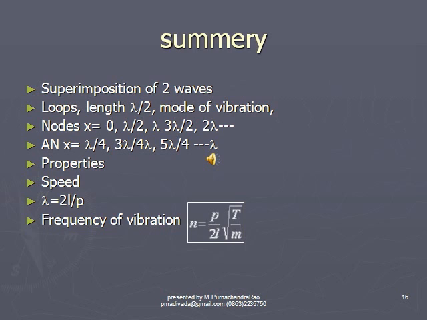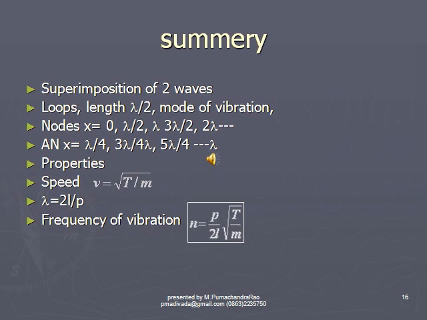The period is the same for all particles. The frequency will be the same. Particles in adjacent loops will have a phase difference of π. All the particles in the same loop will have the same phase. These are some of the properties of a stationary wave.